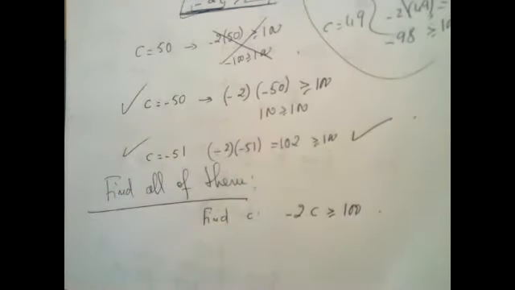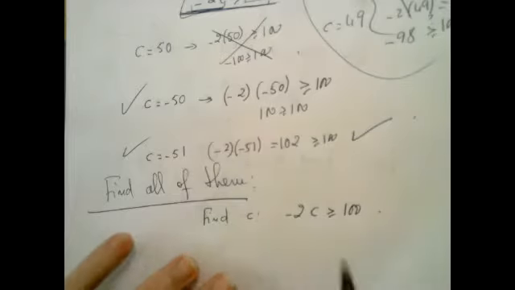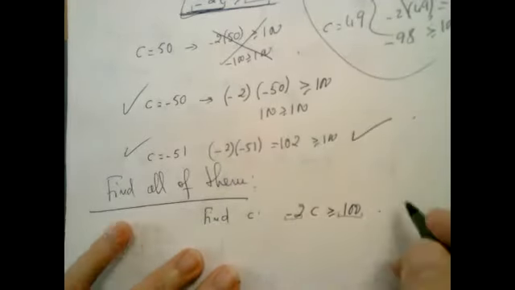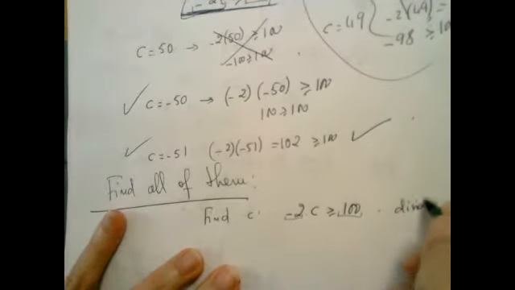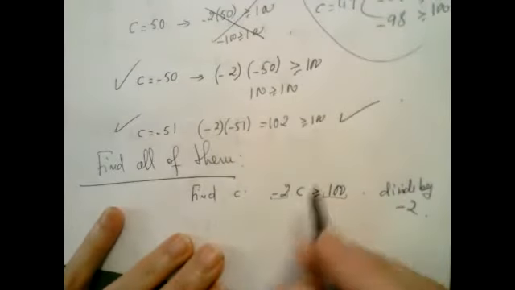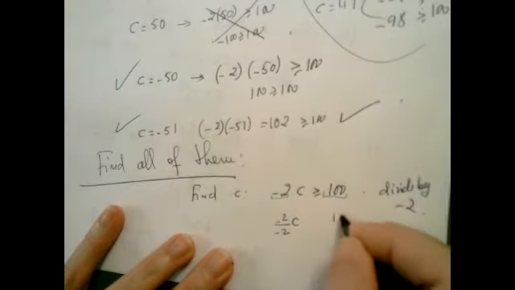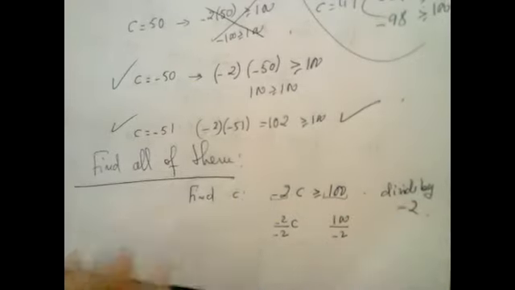Now, how do we solve this little inequality? To solve inequalities, we have to divide by -2 on both sides. Now, when I divide by -2, what will happen to the inequality?